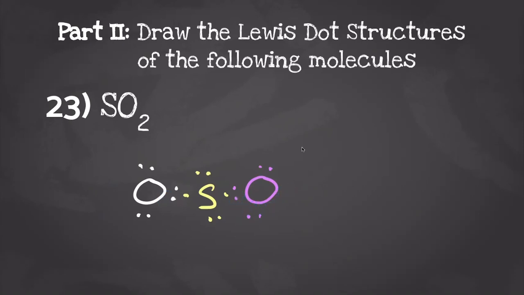Now, so that I can form a double bond on each side of the sulfur, I'm going to have this electron go on this side and this one go here. Now, each oxygen has 8 and my sulfur has 8.